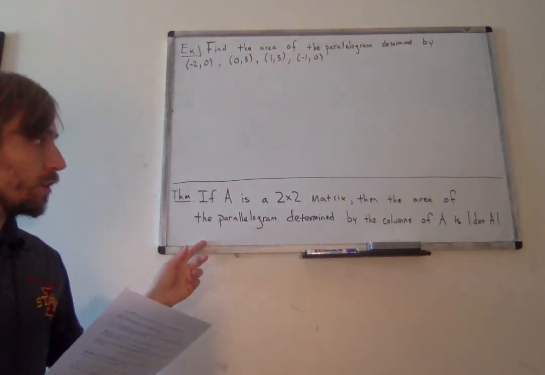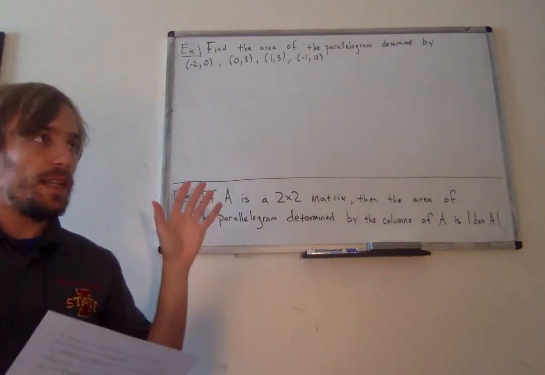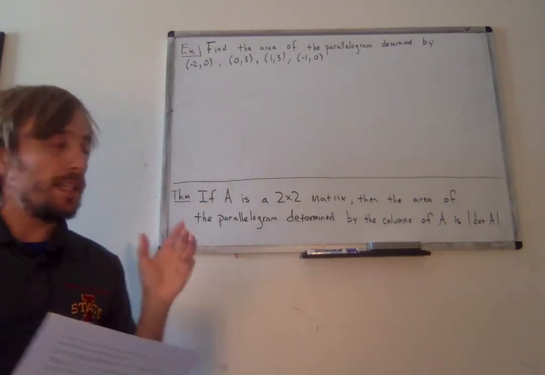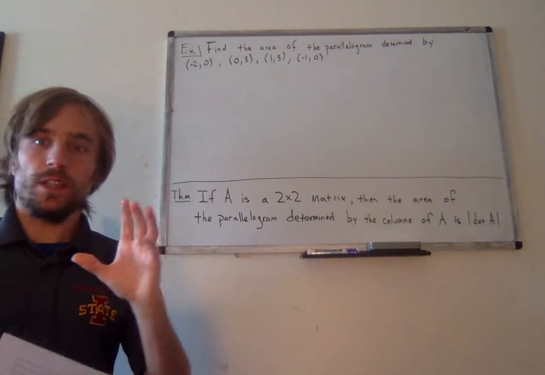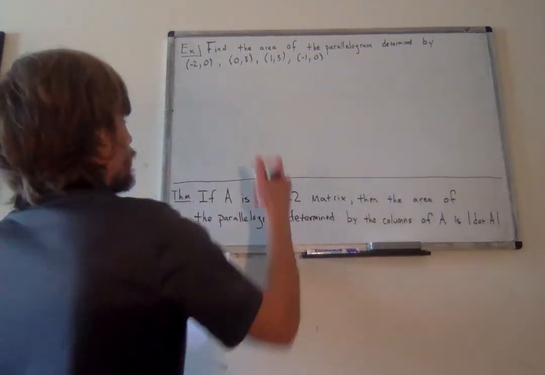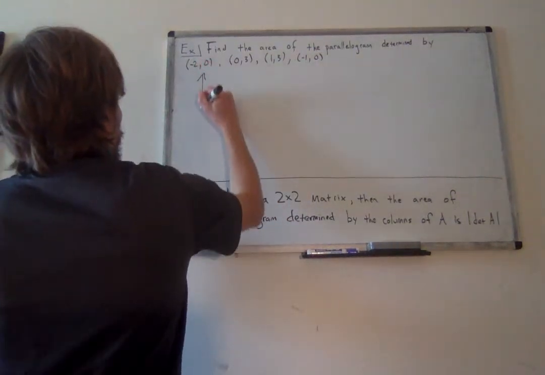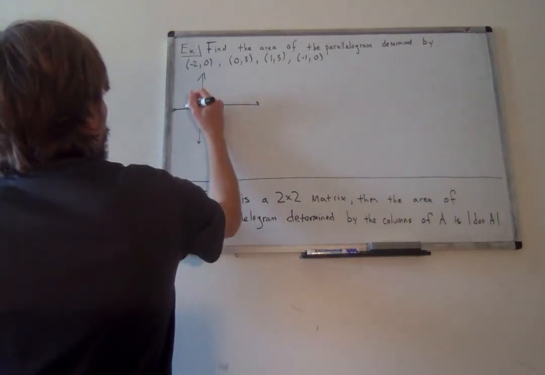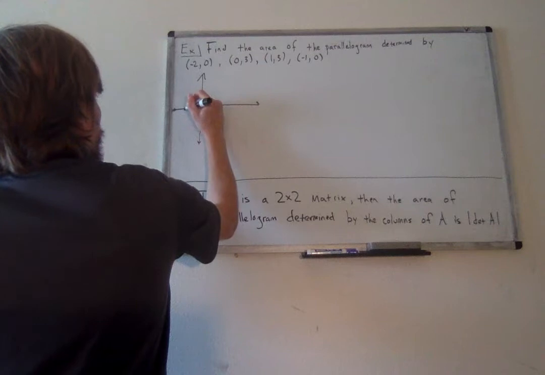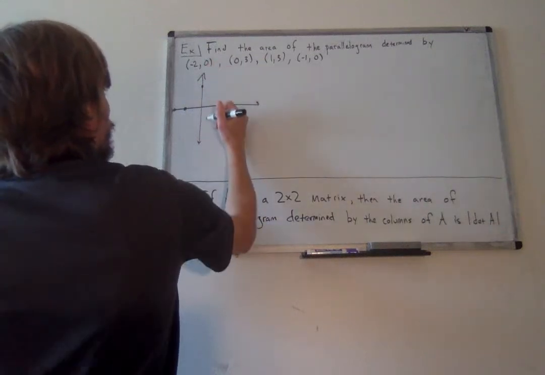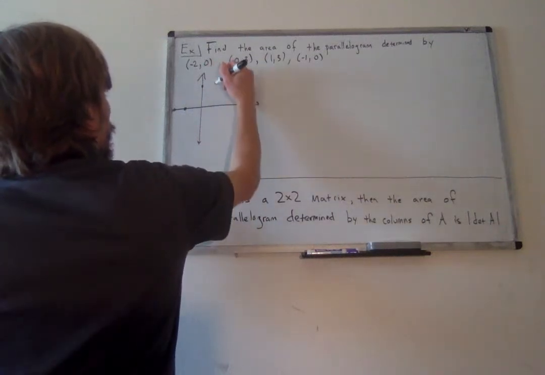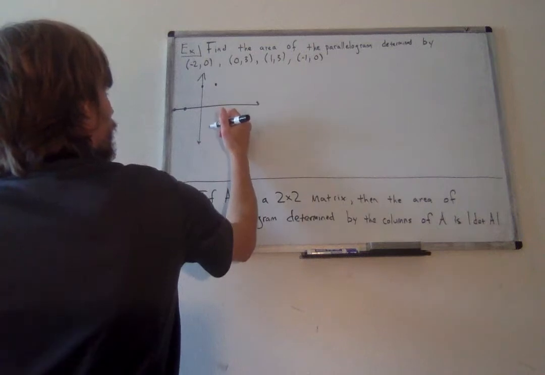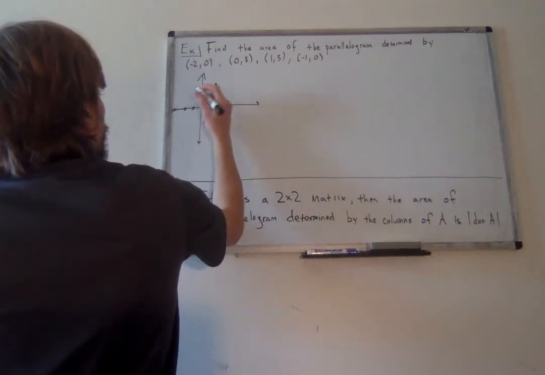To do this, we want to find an identical parallelogram that is fixed at the origin. So I'm going to attempt to draw a picture of what we're about to do here. Right now we've got (-2, 0) right here, (0, 3) right here, (1, 3) there, and (-1, 0) there.